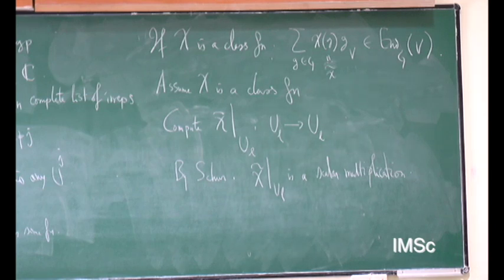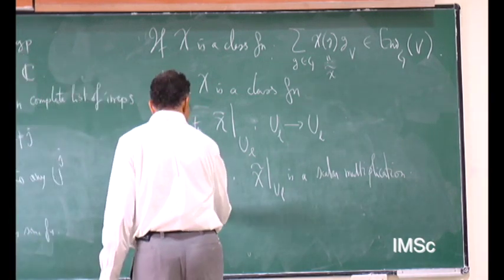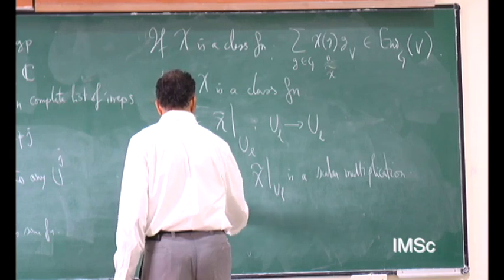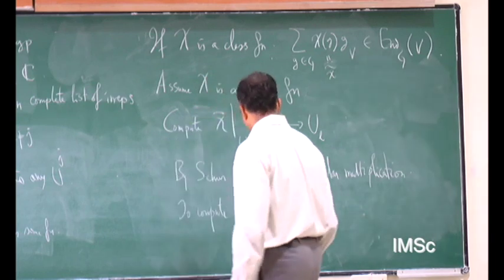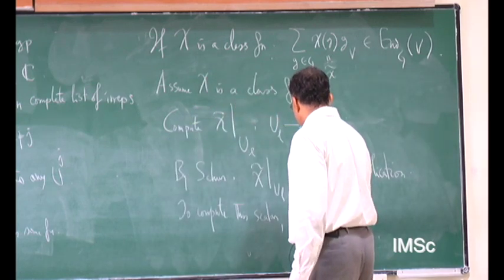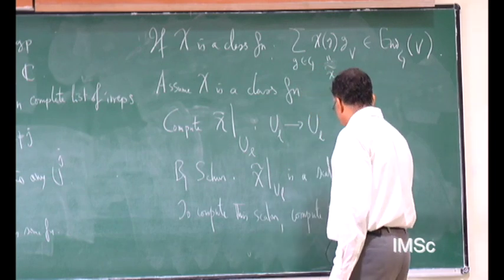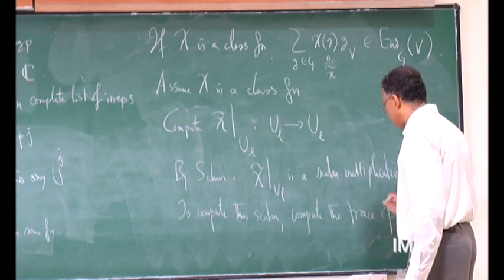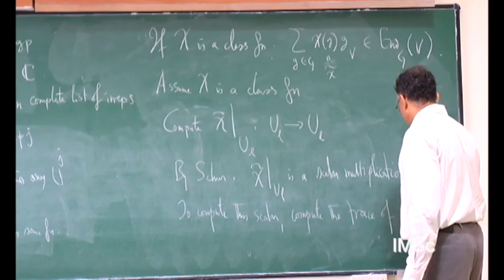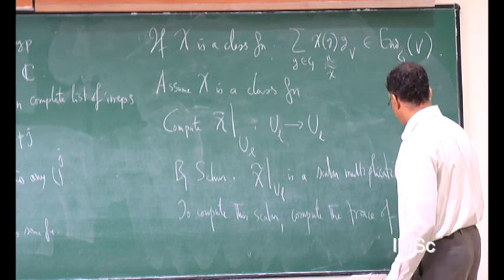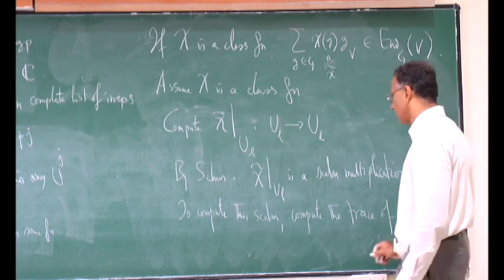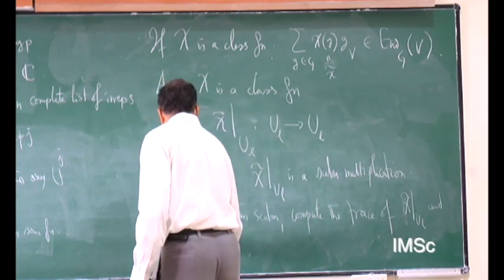So to compute this scalar, I compute the trace of this map, the trace of chi tilde restricted to U, and divide by, what should I divide by?